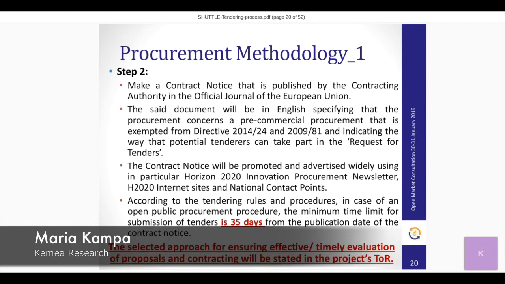This contract notice will be promoted and advertised widely using Horizon 2020 Innovation Procurement Newsletter, Horizon 2020 Internet site, national contact points, and of course, SHUTTLE website.